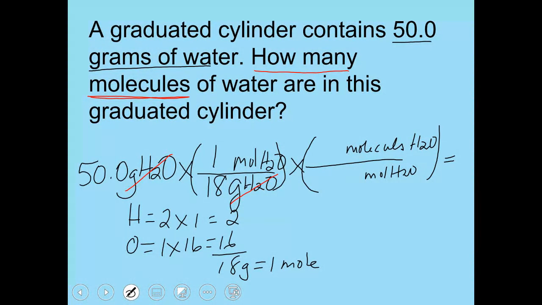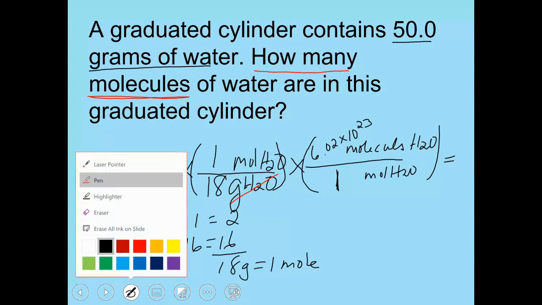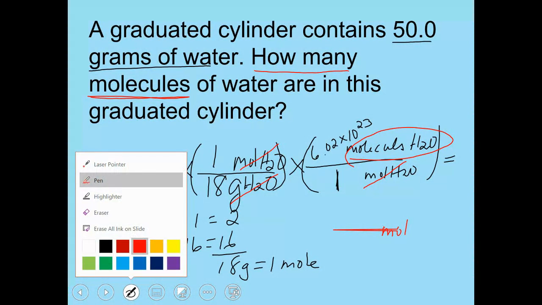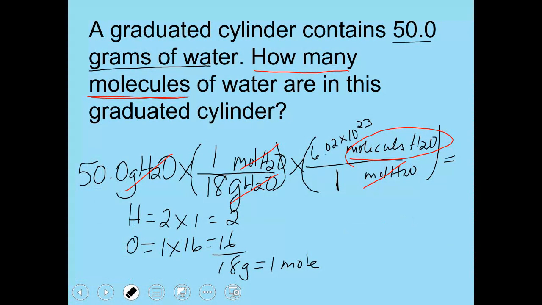And remember, that's where Avogadro's number comes in. 1 mole is equal to Avogadro's number of molecules. Now, again, it works out nice. Our moles divide out, and molecules of water is going to be the label on our answer.